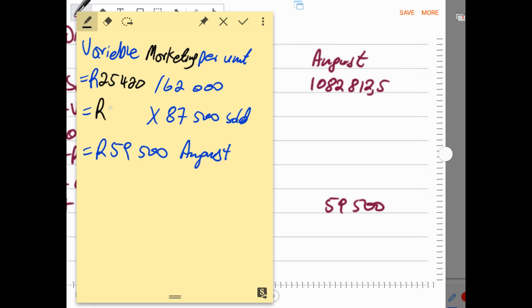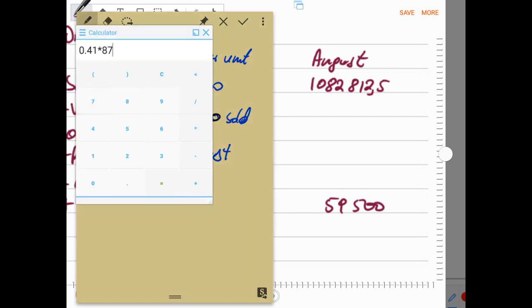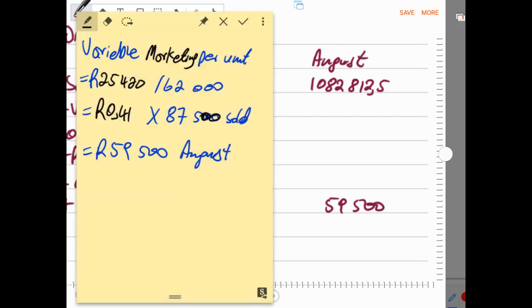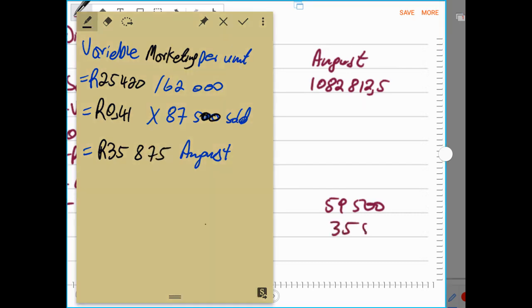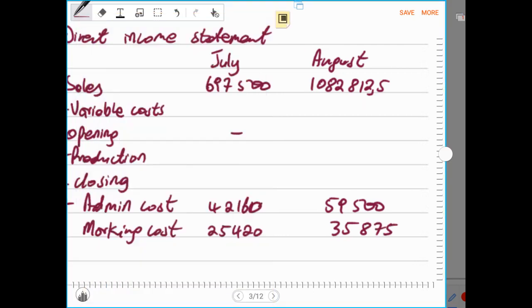We have 0.41, times by the number of units that were sold in the month of August. Then we times that by 87,500 and it will give us 35,875. Therefore, that will be 35,875 variable marketing cost in total for the month of August.